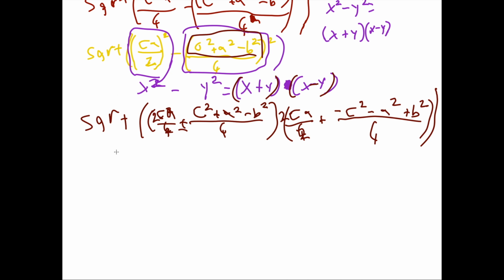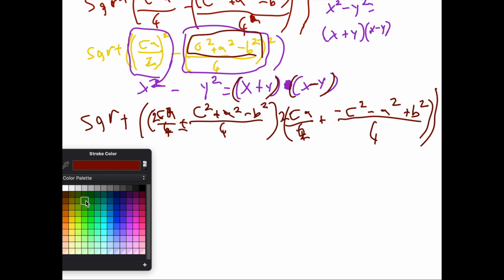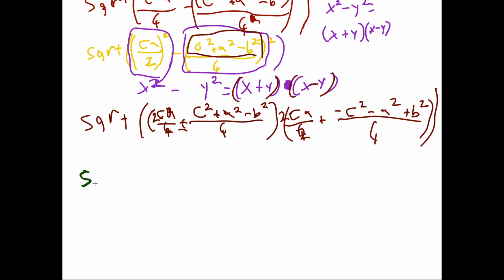we get, let's see, I'll do dark green. Square root of, and if we just add these fractions here, and this is not plus or minus, it's just plus, I just underlined it. So 2CA, so we can just add this however we like. These numerators are going to stay the same, they're just going to combine.